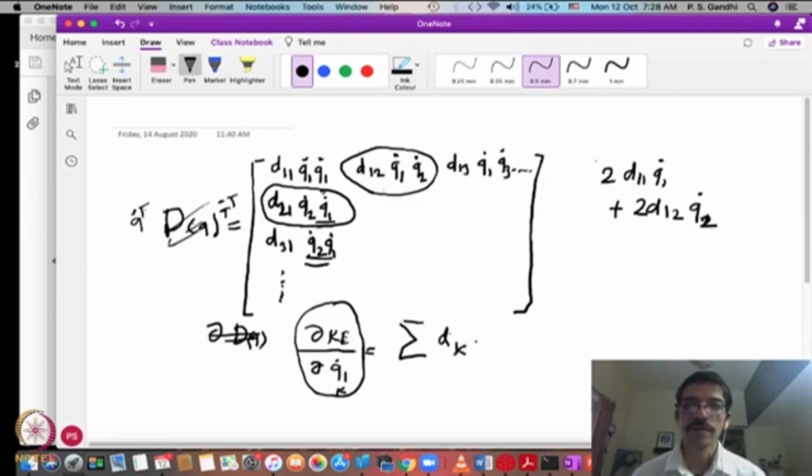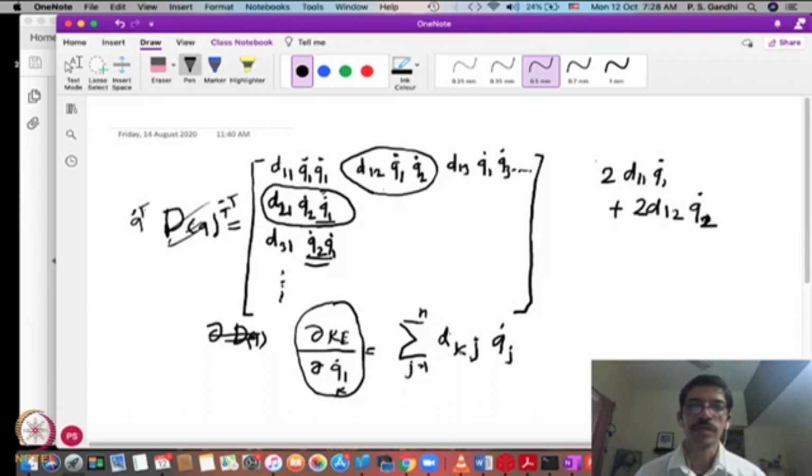dkj. So k is my term which is here. So d11, d12, like that, I'll write in terms of dkj and qj dot, where j is equal to 1 to n.